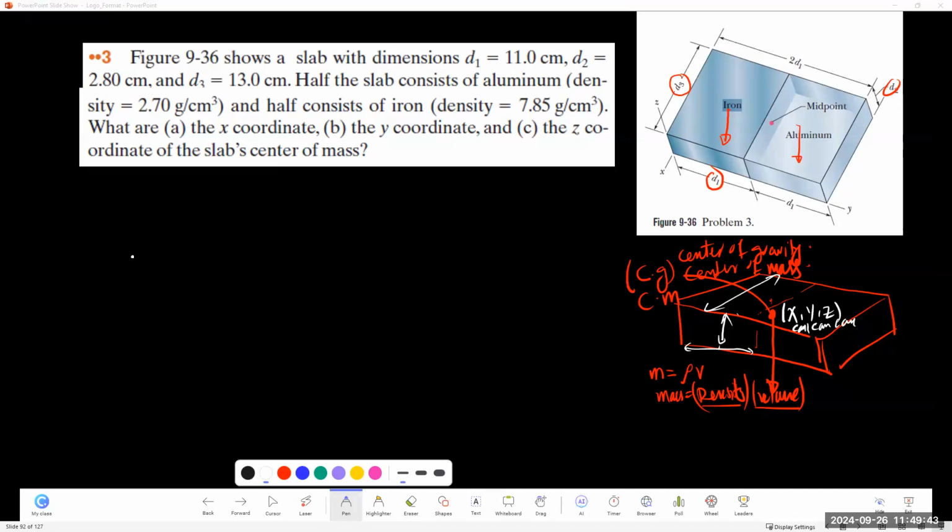By symmetry, the x component, or x combined, equals d1 divided by 2.